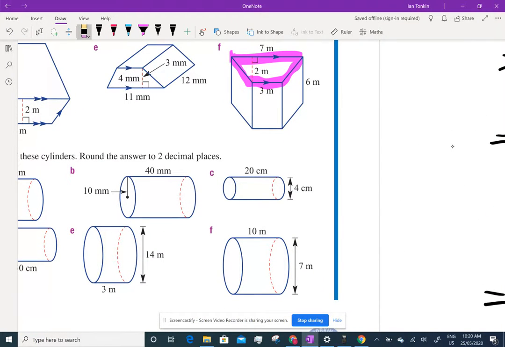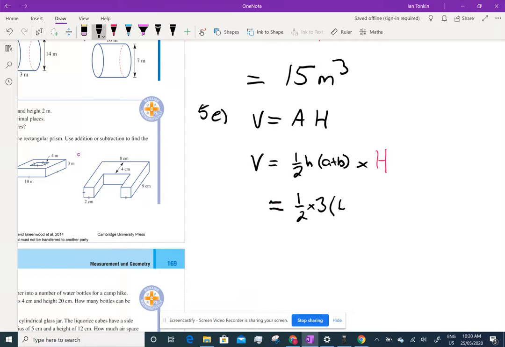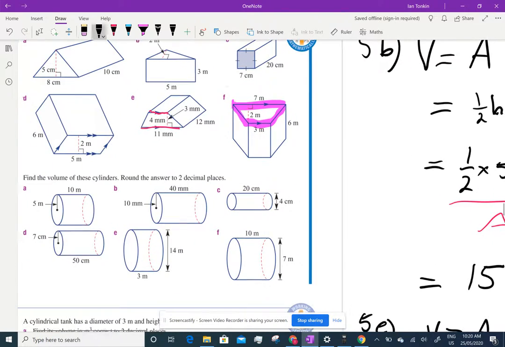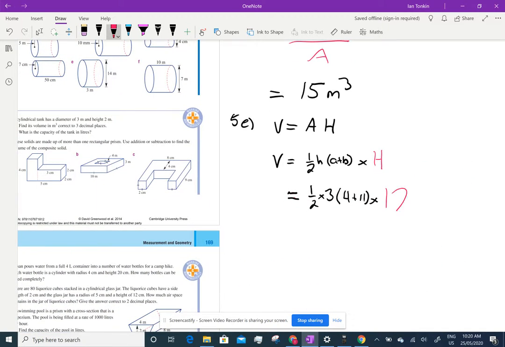The parallel sides of the trapezium, this one and this one, are 4 and 11. So I've got a half times 3, and I've got 4 plus 11. Now I've got the area of that polygon cross-section. I just have to ask how many slices I'm going to get. My slices are going to go back here. I'm going to have 12. So that's my height, 12.